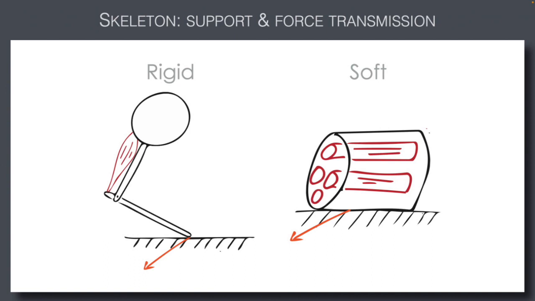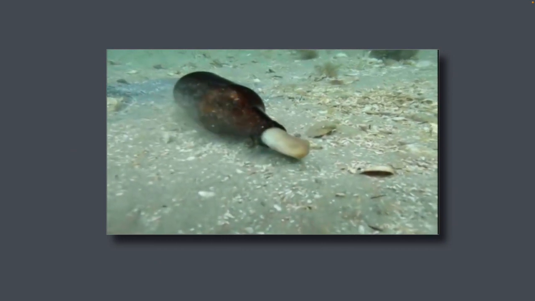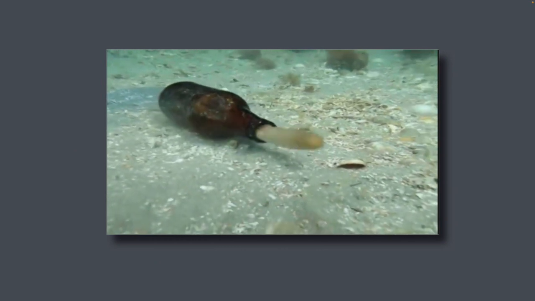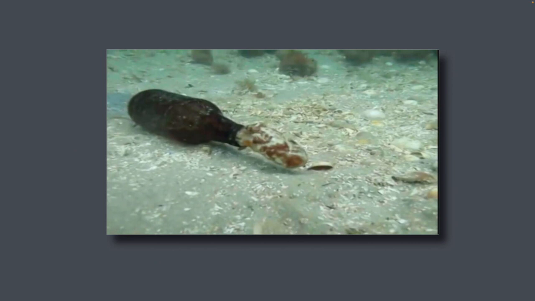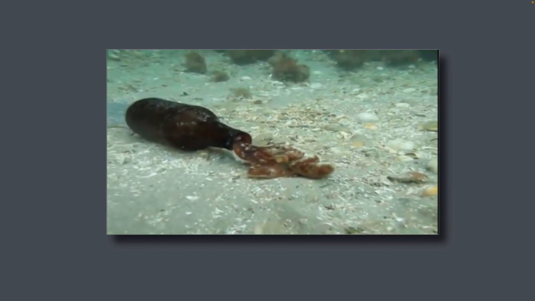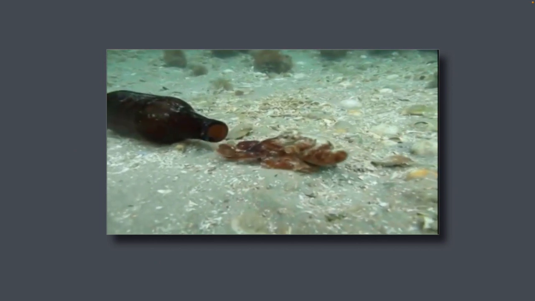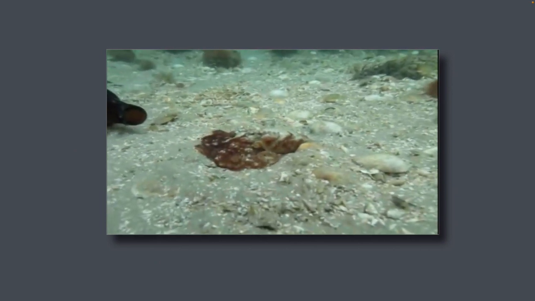But if you look across animals, and in particular at invertebrates, you see spectacular examples of hydrostatic skeletons. Here's a beer bottle. This might be a really sad video, but it's an amazing feat of escape by this octopus. Octopuses are also fantastic in their ability to change their coloration pattern.